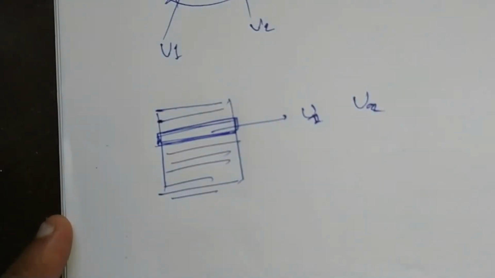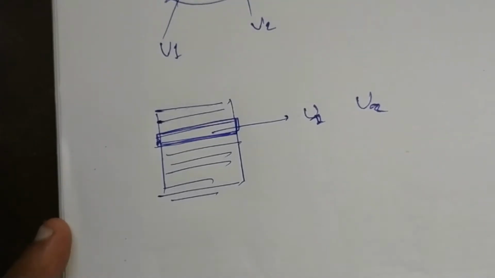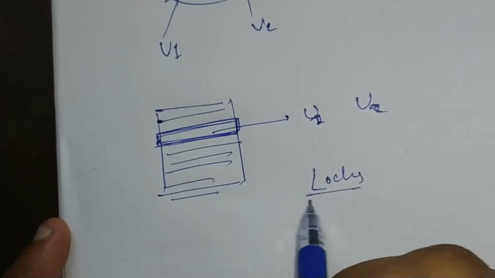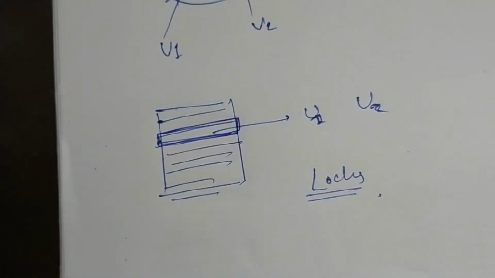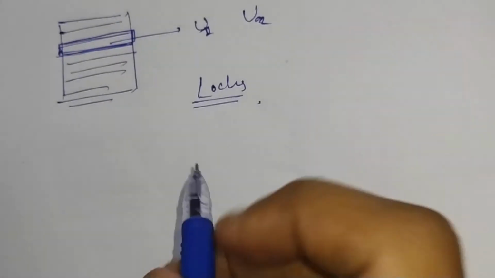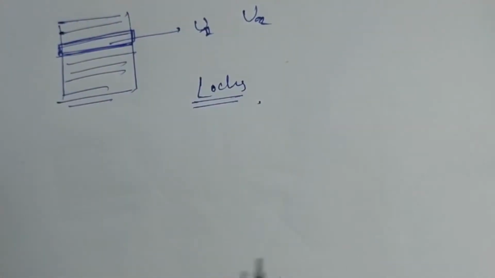So in order to avoid situations like these, locks are introduced in the database. In locks, what happens is you lock out other users when you are using something in the database.